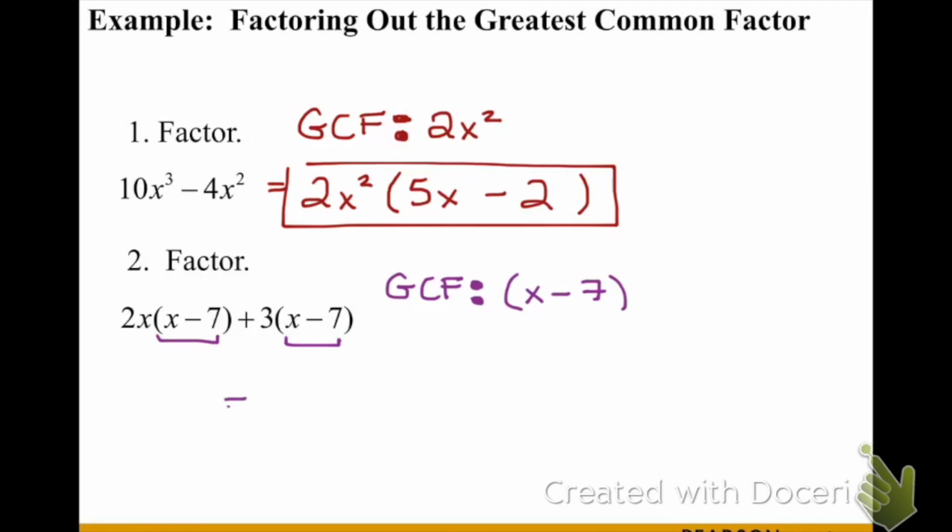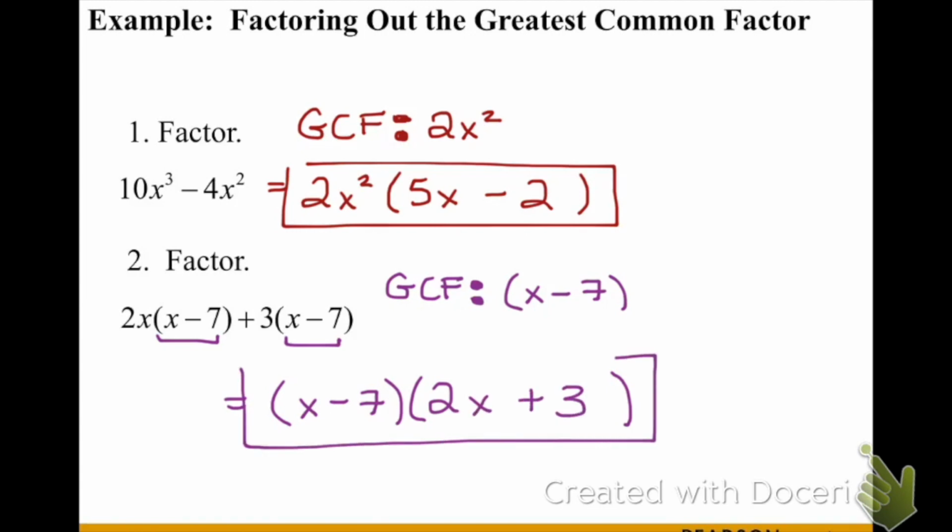So we can rewrite this by factoring, putting our GCF first, the x minus 7, and then writing what would remain. In this case, the 2x from the first term and the plus 3 from the second term. So our two factors here will be x minus 7 and 2x plus 3. Notice we cannot go any further with this because in both factors, there's not anything else that we can take out of it.